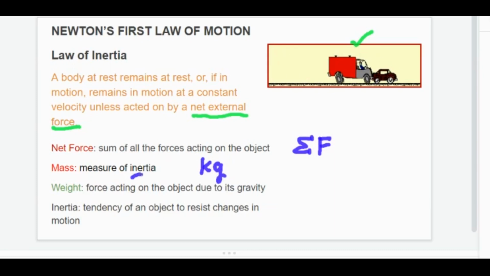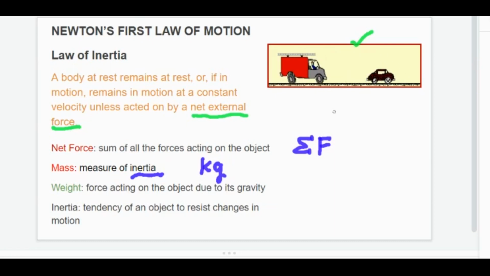Now, what is inertia? And why is it that mass is a measure of inertia? Inertia is the tendency of an object to resist changes in motion or to resist changes in velocity. Say for instance, we have here a van, right? And this van is bigger than this car. Using the concept of mass, the van will have more mass than the small car.